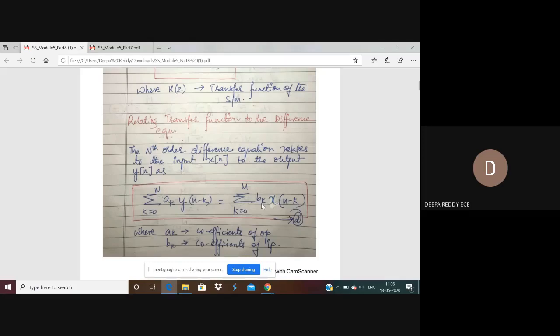Here x is the input and bk is its weight. This is a generalized equation which relates the input and the output with their corresponding coefficients.